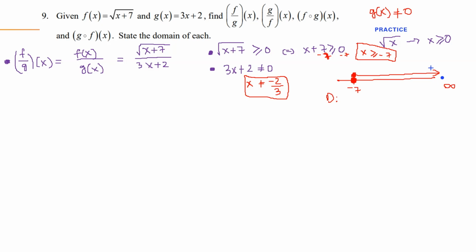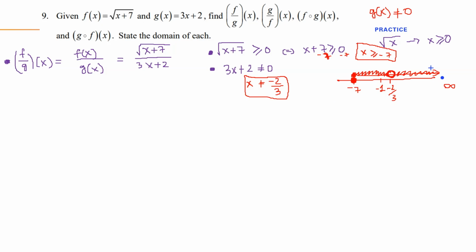Then negative 2 over 3 is greater than negative 1, so if here is negative 1, we have negative 2 over 3 right here. At that value it has to be open because we don't choose that point. So we check this part and this part.